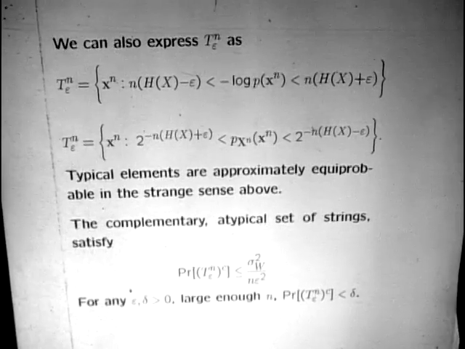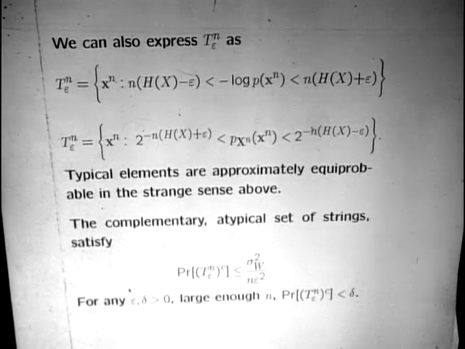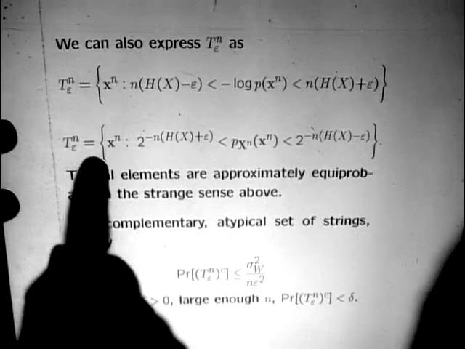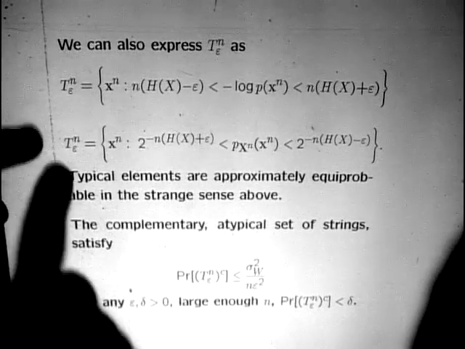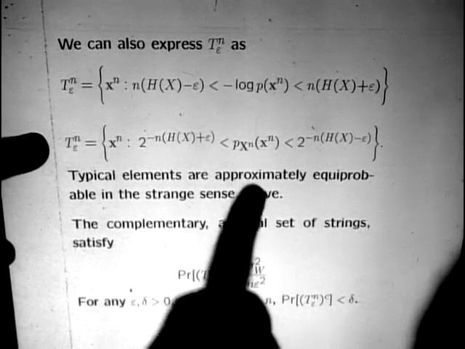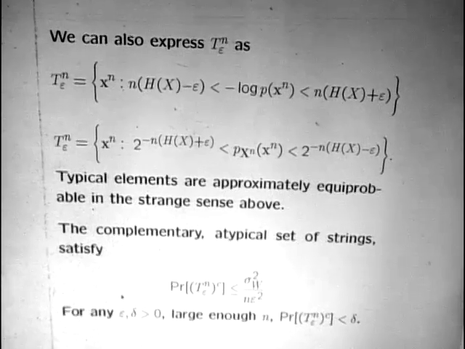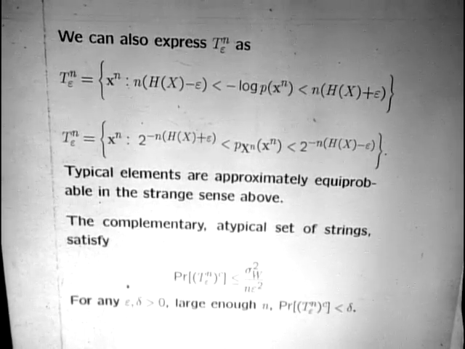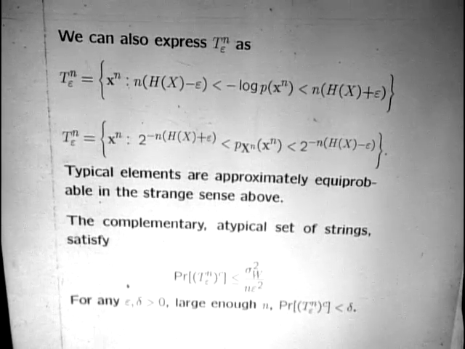And if you can follow that in your head, you're a better person than I am. But anyway, it works. And if you fiddle around with it, you'll see that that's what it is. So this typical set is a bound on the probabilities of all these typical sequences. The typical sequences all are enclosed in this range of probabilities.